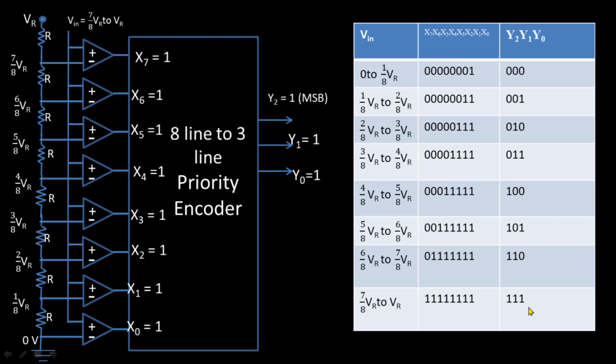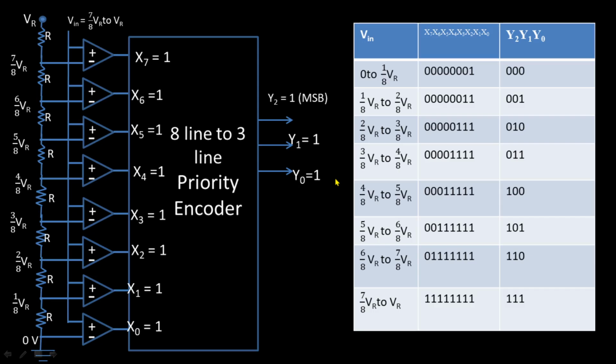The advantage of this converter is that it is the fastest A to D converter, because it has op amps, a voltage divider network and a priority encoder. When the input is given to this terminal, it operates all the op amps, resistors and the 8 line to 3 line priority encoder in parallel.